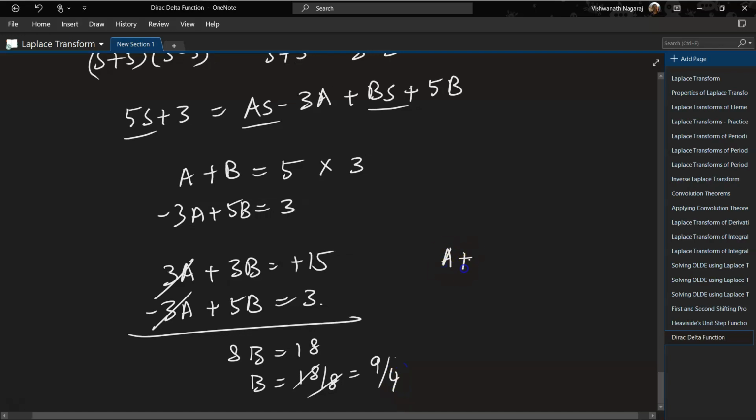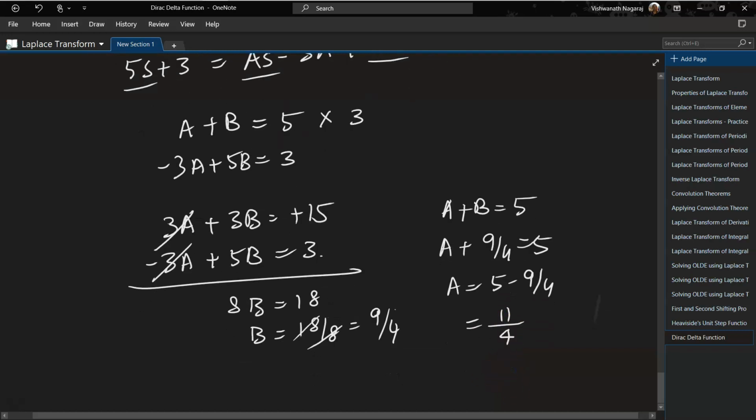Now A + B = 5, so A + 9/4 = 5. A is equal to 5 − 9/4, which is 20/4 − 9/4, so 11/4.